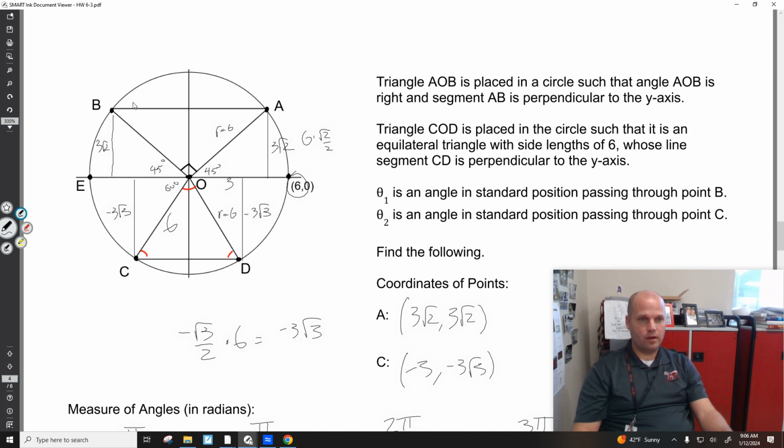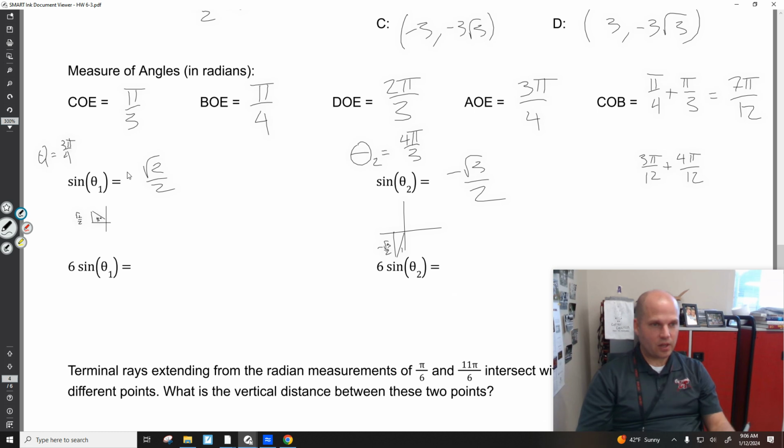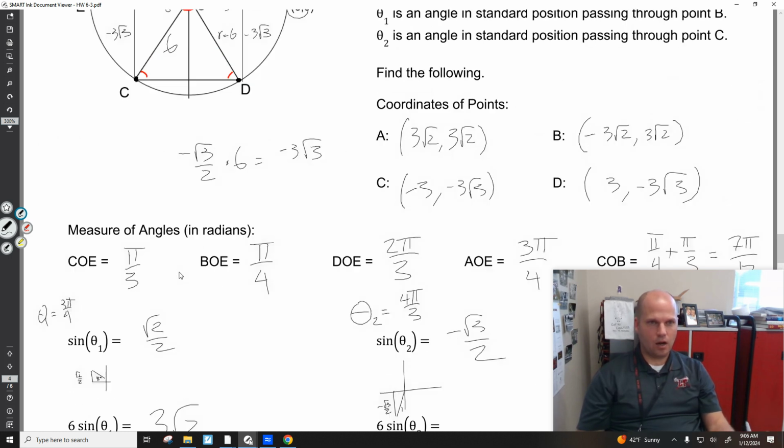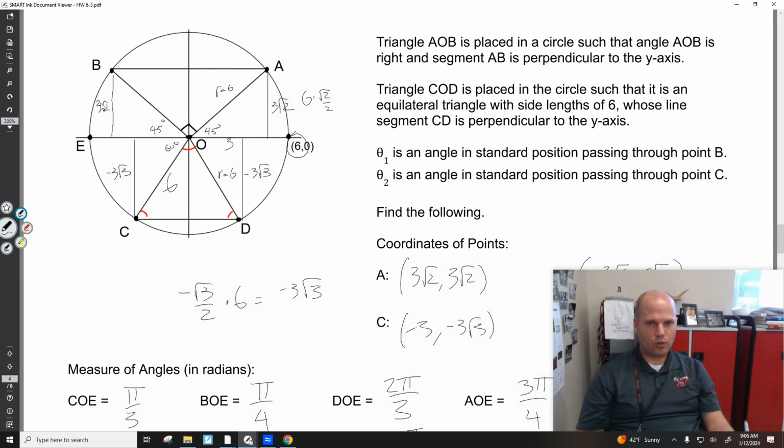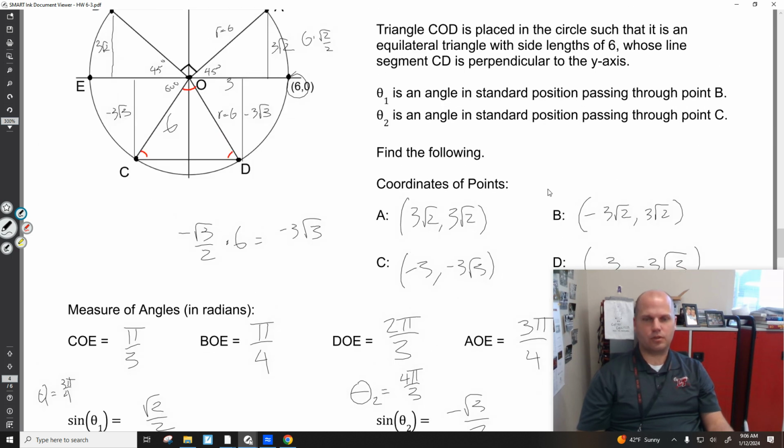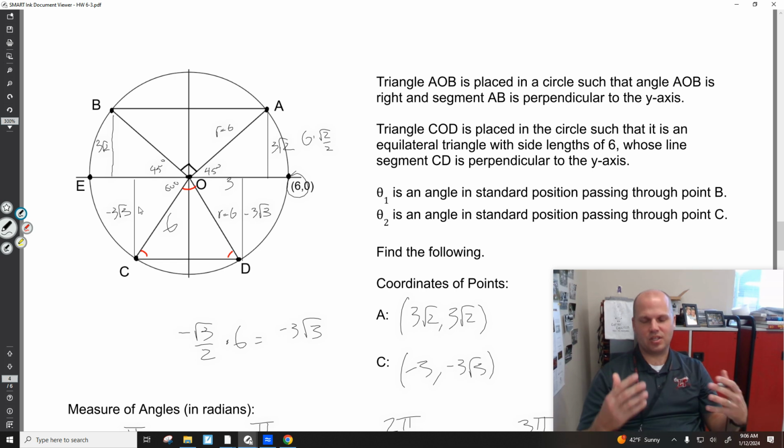For theta 1, it's this y coordinate, 3 root 2. Let me show you, if I take the sine of 3 pi over 4, I got root 2 over 2. If I multiply root 2 over 2 by 6, I get 3 root 2. That is the y coordinate of point B. That is 6 times the sine of theta.